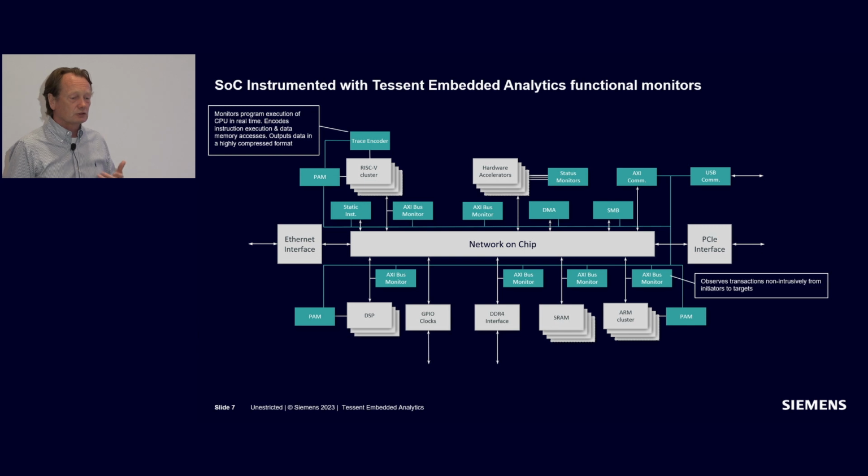A more generic instrument, if you will, is what we call a bus monitor, which allows you to observe non-intrusively transactions on the bus from initiators to targets. And like the other instruments, these are runtime configurable, which means that at runtime you can configure these monitors to decide which information you want to see.